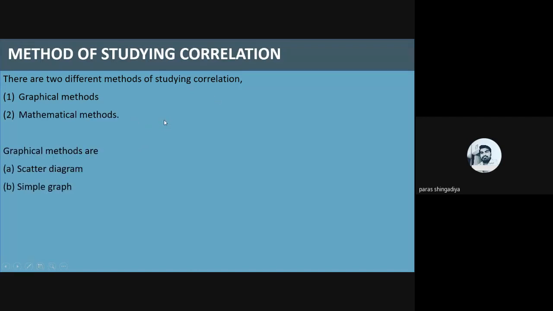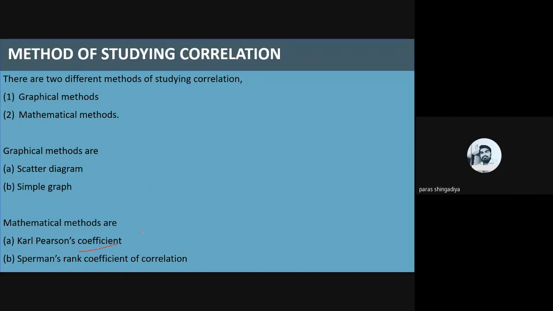One is a graphical method and second is a mathematical method. In graphical method there are also two types: scatter diagram and the simple graph. And in mathematical method there are two methods. One is Karl Pearson's coefficient to check the correlation, and second is Spearman rank coefficient of correlation.